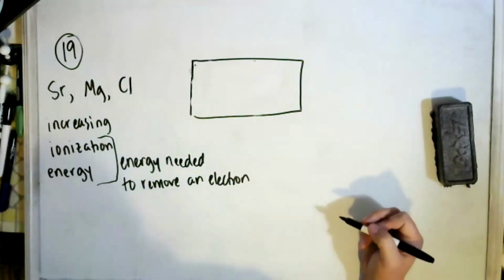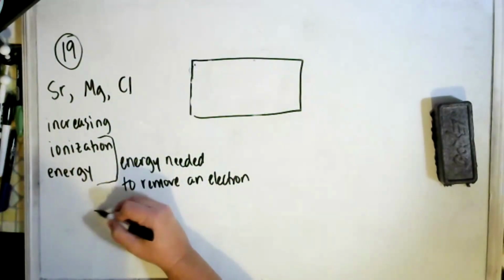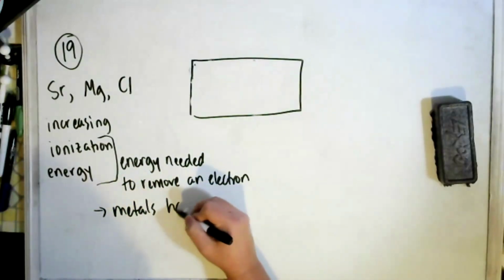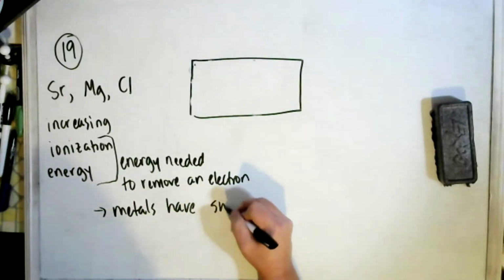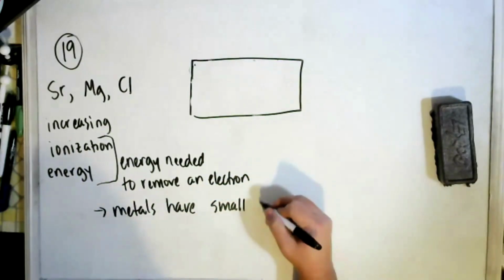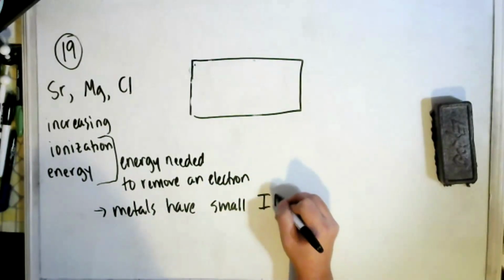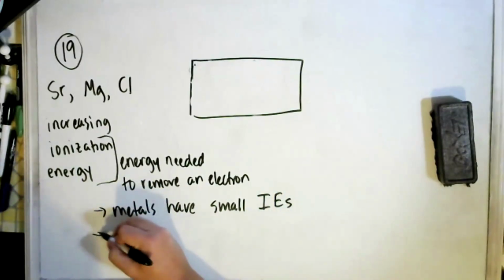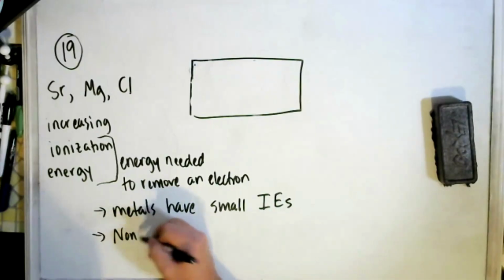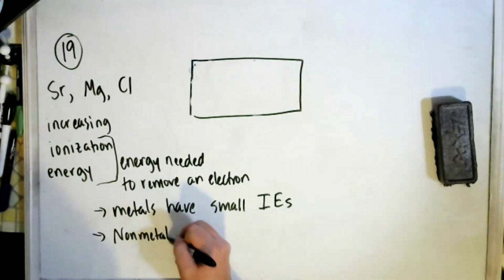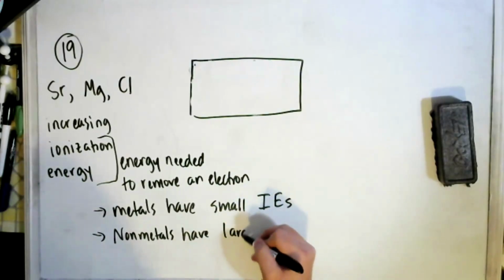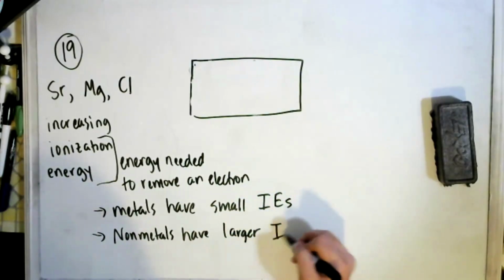In general, metals have really small ionization energies, IEs, and our non-metals are going to have larger IEs, larger ionization energies.